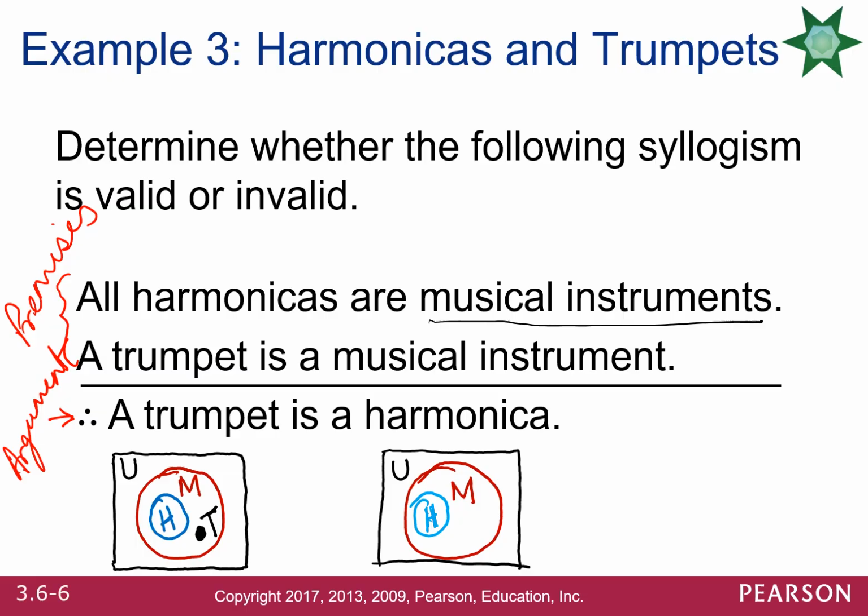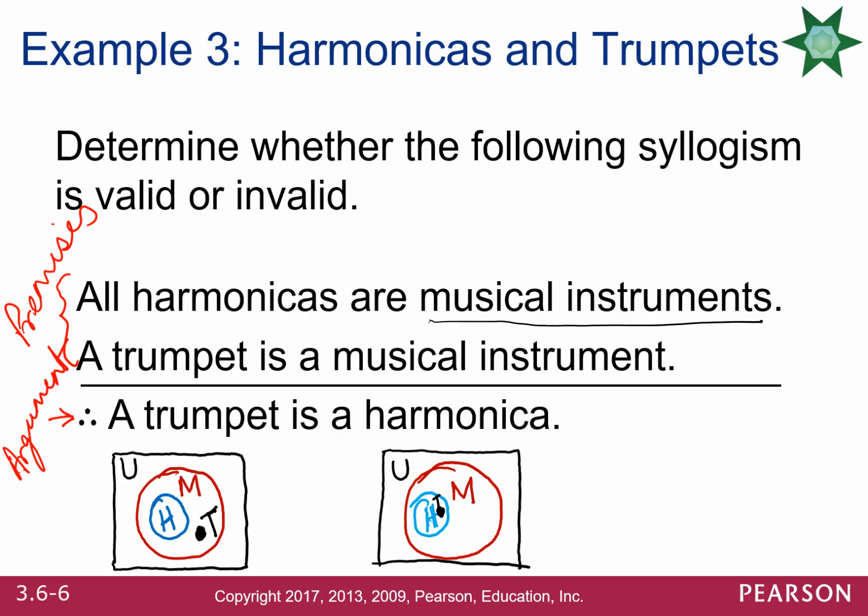But the argument says a trumpet is a harmonica, correct? So that would mean that the trumpet should be within the circle of harmonicas, which is not correct. This diagram doesn't match the diagram we came up with from just the premises. So there's a mismatch here, and that tells us that this is an invalid argument.